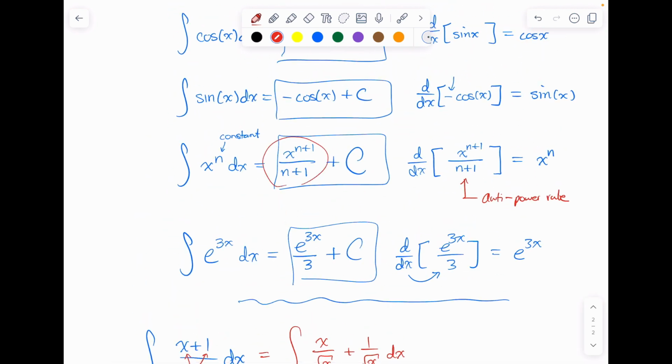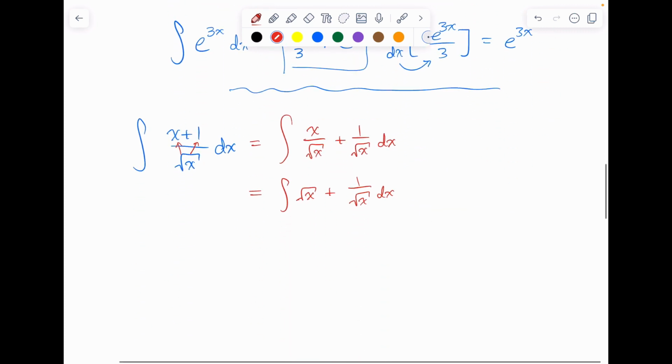Notice how this formula is just in terms of the power as a number. So let's turn these into x to the power of something. This would be x to the power of 1/2 plus x to the power of negative 1/2.